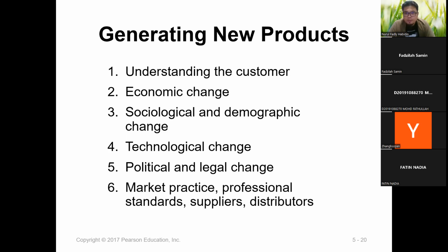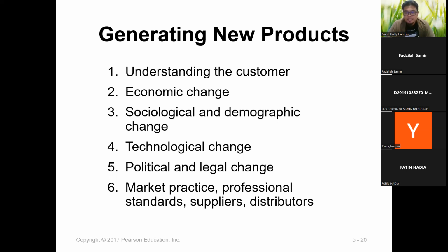In order to face the economic change, we need to produce a new product, and you need to make sure this is the right time. You need to make sure that the economic change will not affect our new products negatively. Social and demographic change also needs the right segmentation. You know the specific type of people, how to persuade and inform, and how to communicate and face the sociological and demographics.